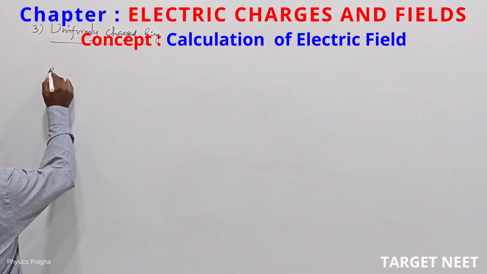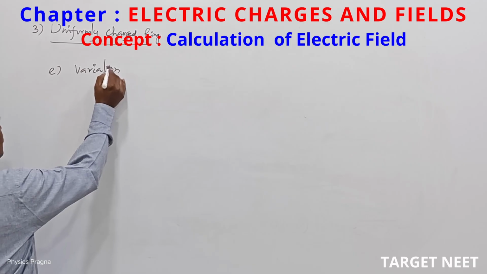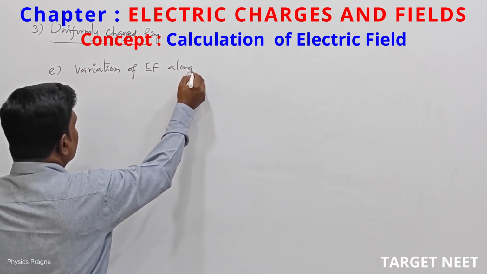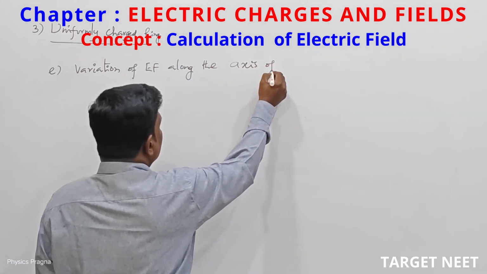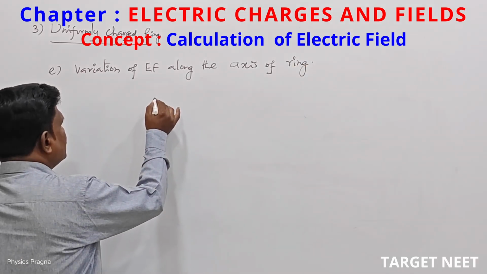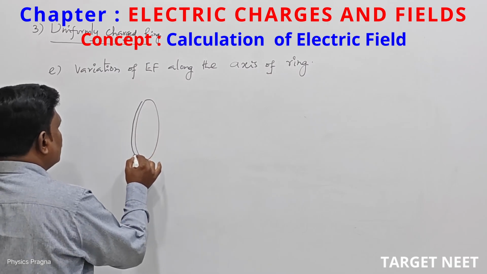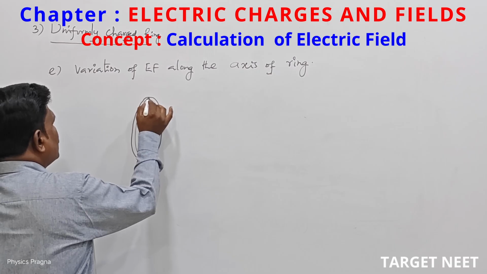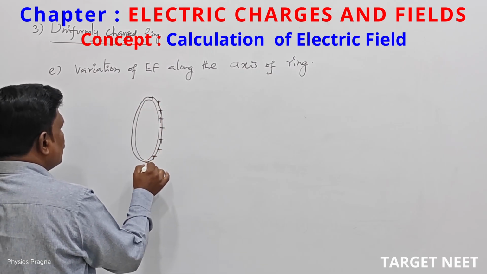Variation of electric field along the axis of a ring. We take a ring like this, and it is positively charged, uniformly charged.